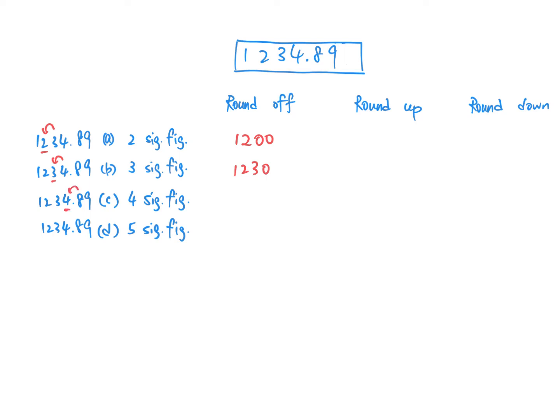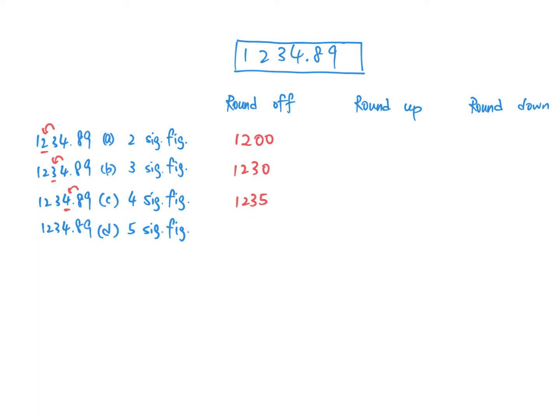This time the next figure is greater than 4, so we add 1 to it first. Do we need to replace the value after the decimal point? It is not needed. You see 1, 2, 3, 5, there are 4 significant figures already.